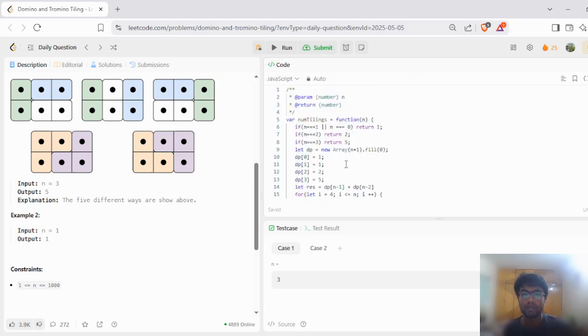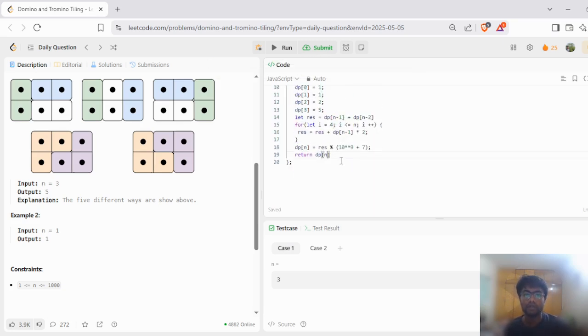Okay, let's run this as code and let's see if this runs successfully.